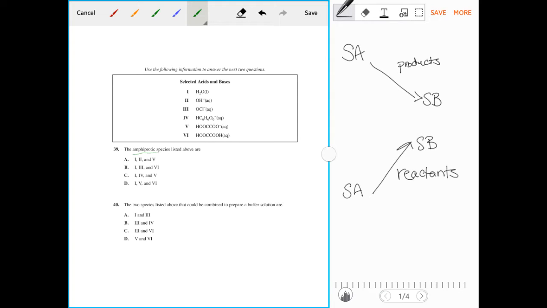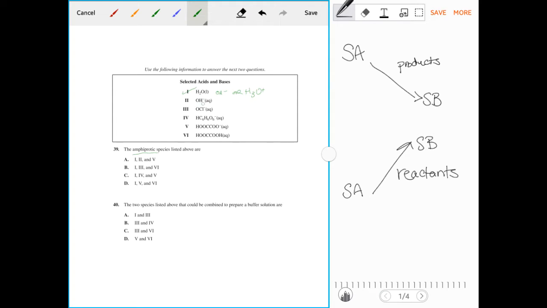So my H2O, I know, can turn into either OH minus or H3O positive. That means that it can be either a proton donor or a proton acceptor. Now number 2 appears to be a proton acceptor. We know that hydroxide ions are a good proton acceptor, a good base.